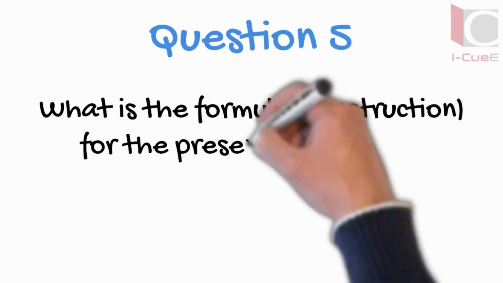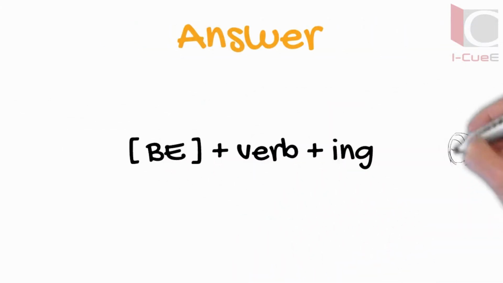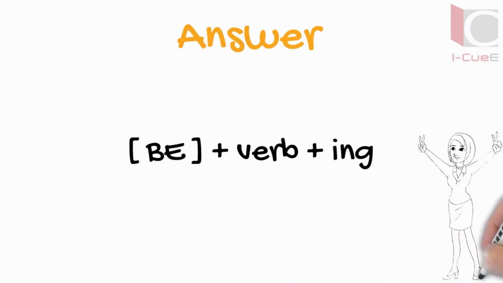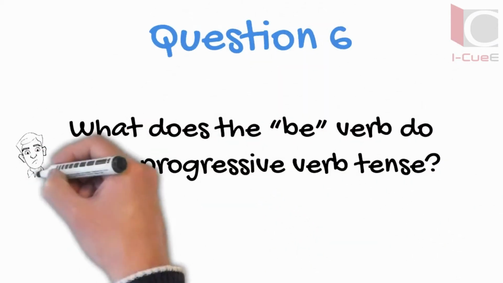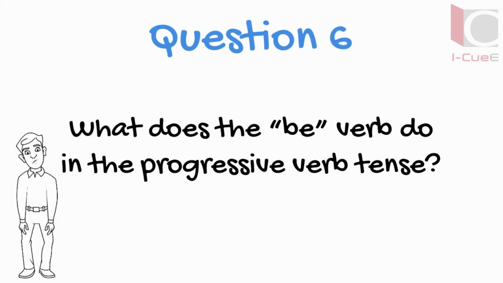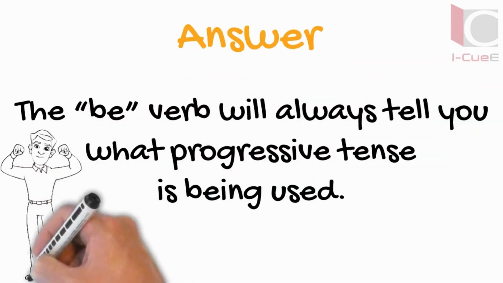What is the formula or construction for the present progressive verb tense? Be plus verb plus ing. What does the be verb do in the progressive verb tense? The be verb will always tell you what progressive tense is being used.